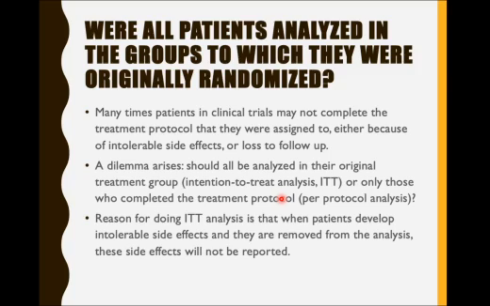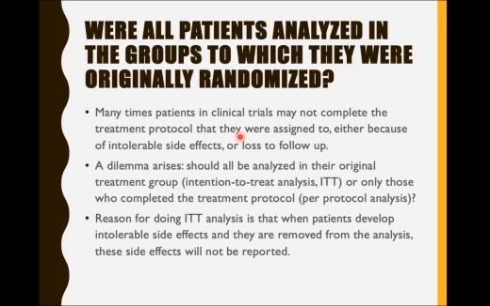Now, a dilemma arises. Should all be analyzed in their original treatment group? We call this the intention to treat analysis. Or only those who completed the treatment? We call this the per protocol analysis. You see, what you need to look for is intention to treat analysis. If there is intention to treat analysis, then that's a good trial.